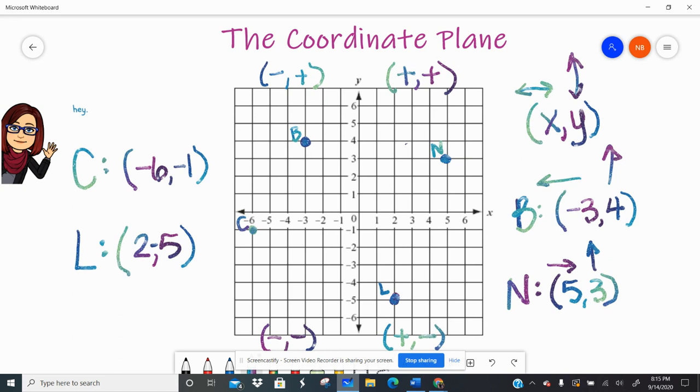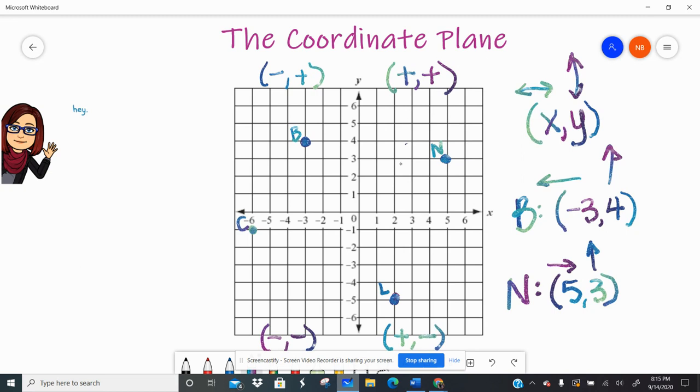But sometimes there's a point that has a 0 in it. So let's say I have point M at 0, -3, right? So I start at the origin, and the first number is the X, which goes left and right, but that says move 0. So if I move 0, I don't move at all.